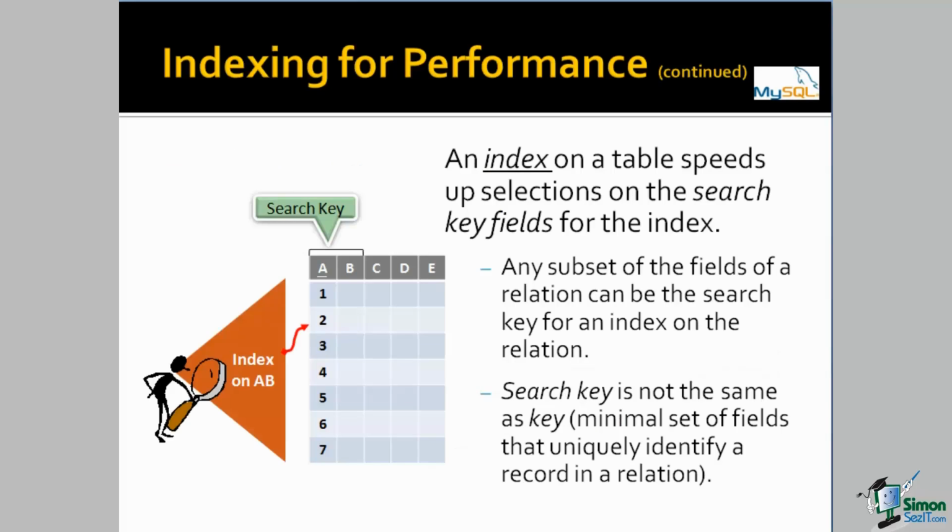So when we search for a value within a table, if we're searching based on a column, say column A, and our select statement contains a where clause that limits the return values to some range of values contained in column A, then the search key is that condition defined within the where clause and the column that is associated with that condition.